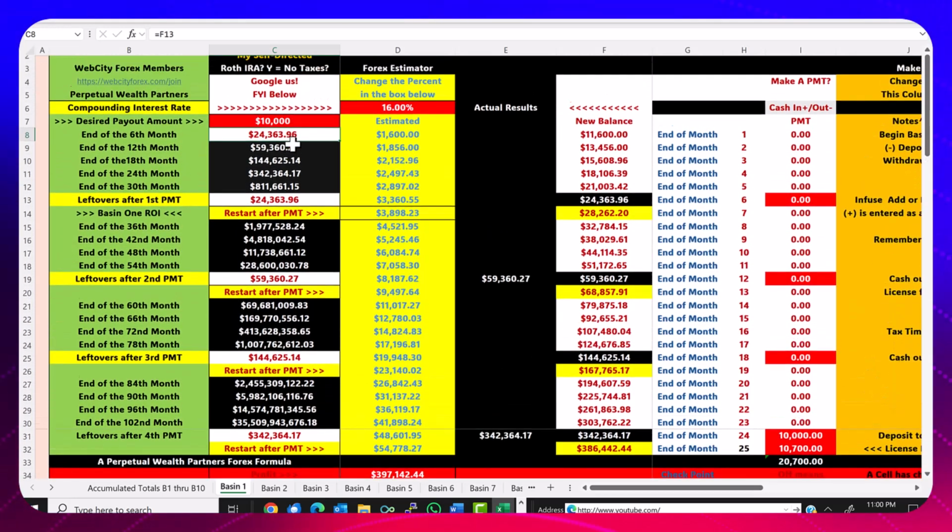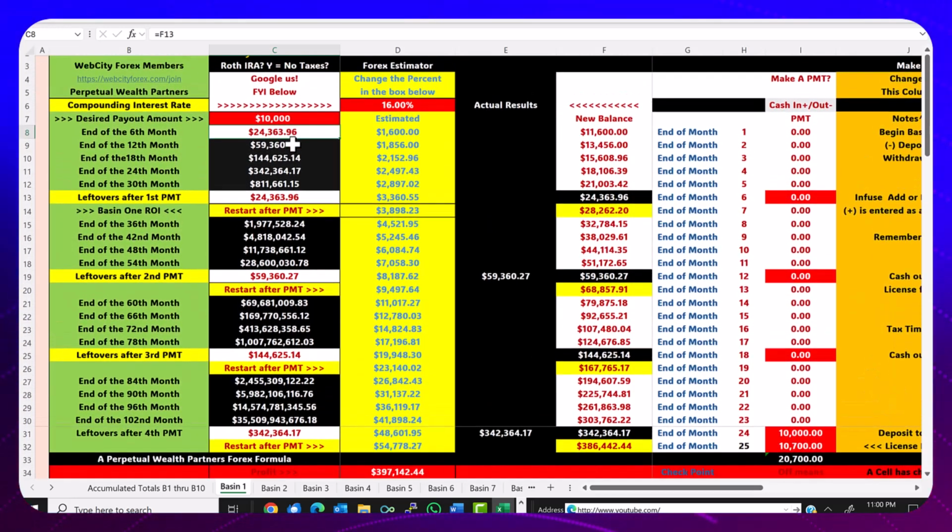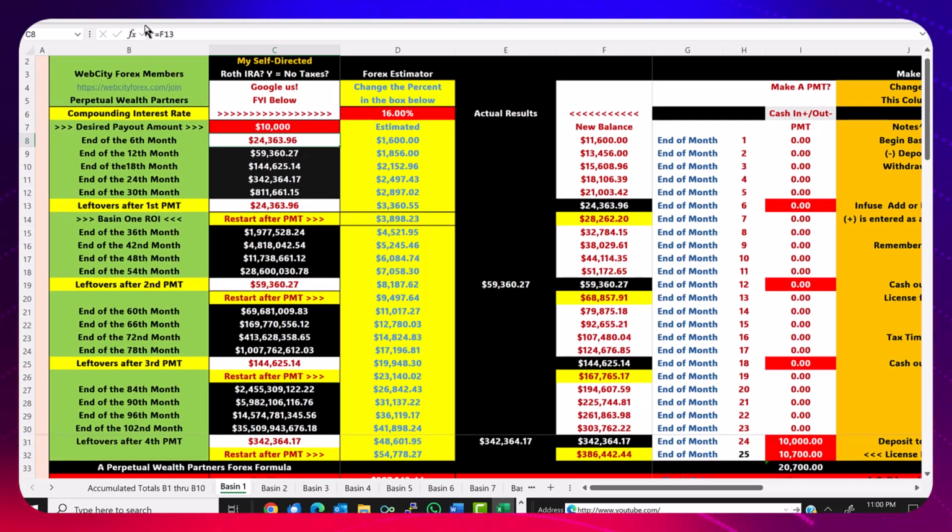But now what I want you to see is what happens if you get some extra money in there. Let's say you took your Roth and you moved 50,000 out of your Roth IRA over here, and you pumped in 50,000. Watch these numbers explode. Let's go down here and look at this number.